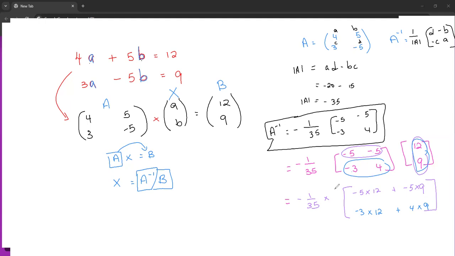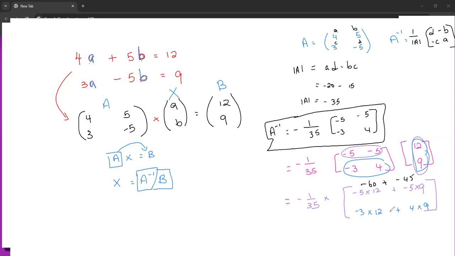You could use a calculator there to speed it up. So 5 times 12, that's -60. Then -5 times 9. 5 nines are 45, so it's -45 here.